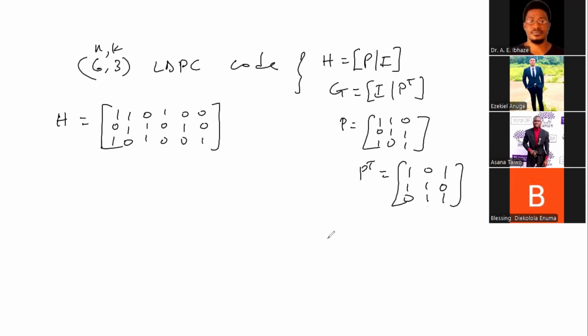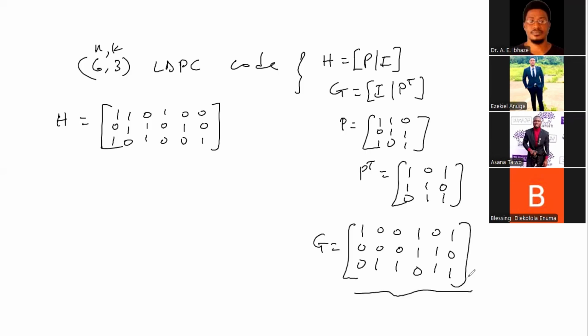So the generator matrix here will now be the identity matrix, 1 0 0, 0 1 0, 0 0 1, and then the transpose of the parity matrix, 1 1 0, 0 1 1, and 1 0 1. So this is what will be used to generate the code words, while this parity check matrix will be used for decoding.